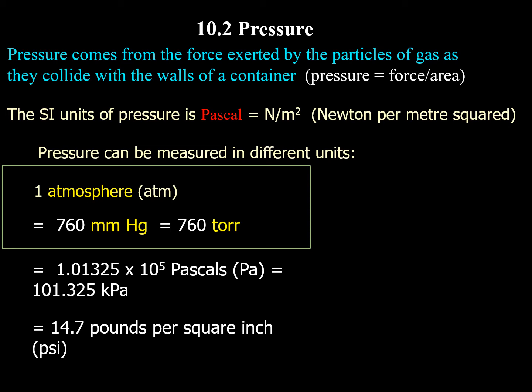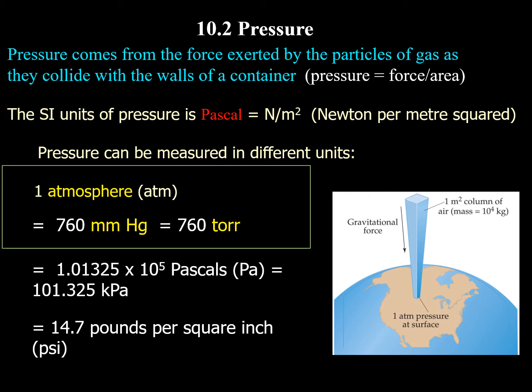But as I said, we'll focus on the atmosphere, which is also equal to 760 millimeters of mercury and 760 torr. Here we have a gravitational force; the pressure exerted at the surface of the Earth is 1 atm.